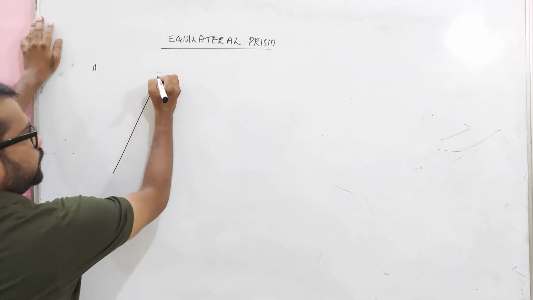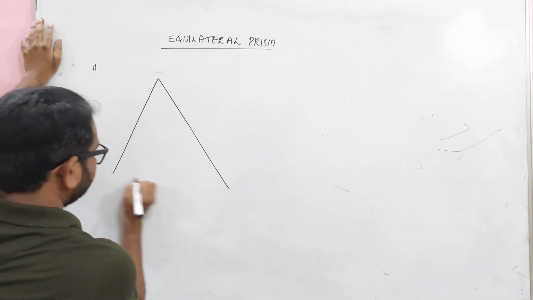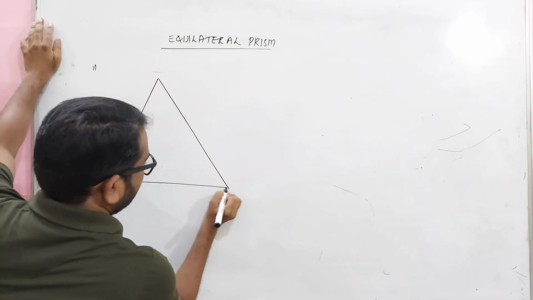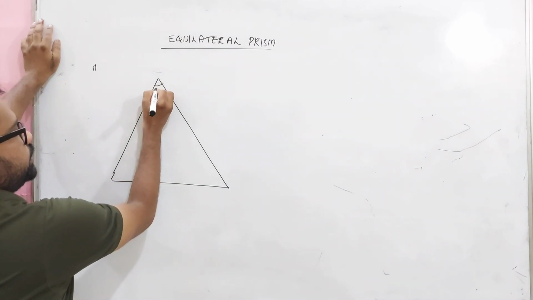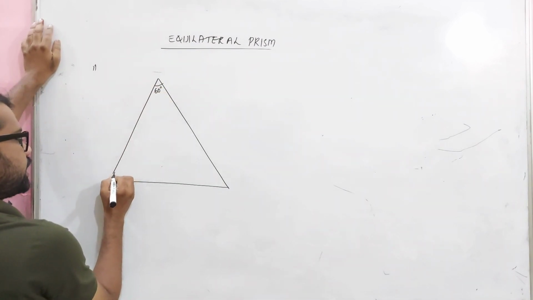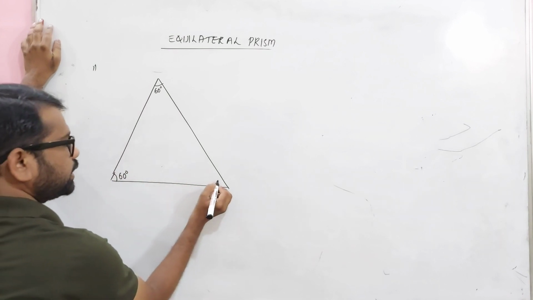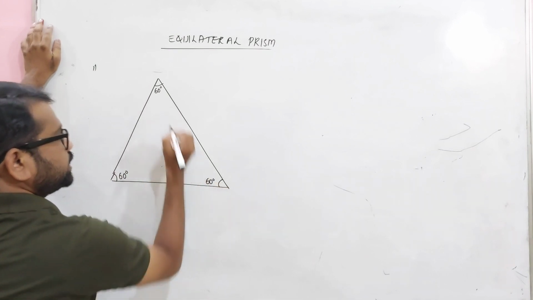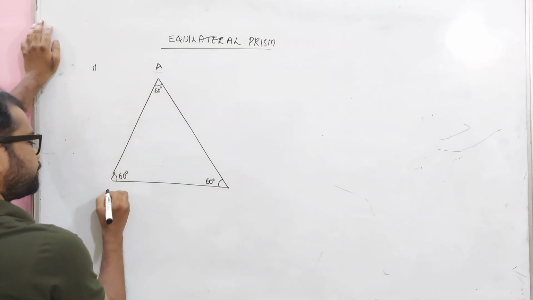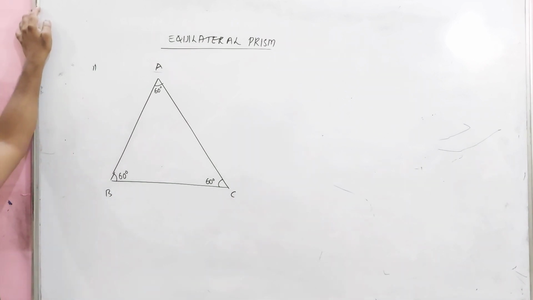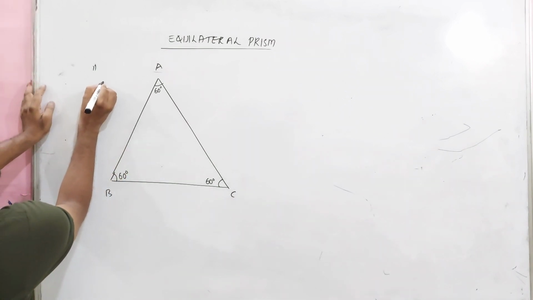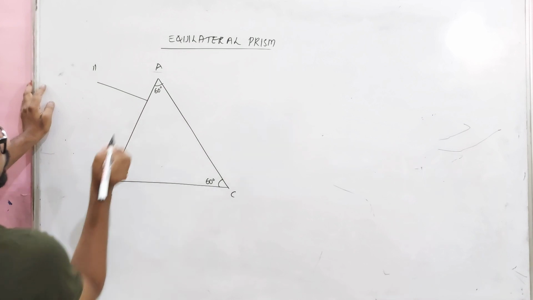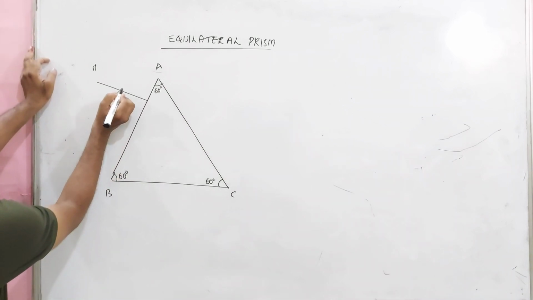So let us say this is an equilateral prism. Each angle is 60 degrees, even the angle of the prism is 60 degrees. Let us name it as A, B, C. Teacher, let a light ray be incident normal to this AB.